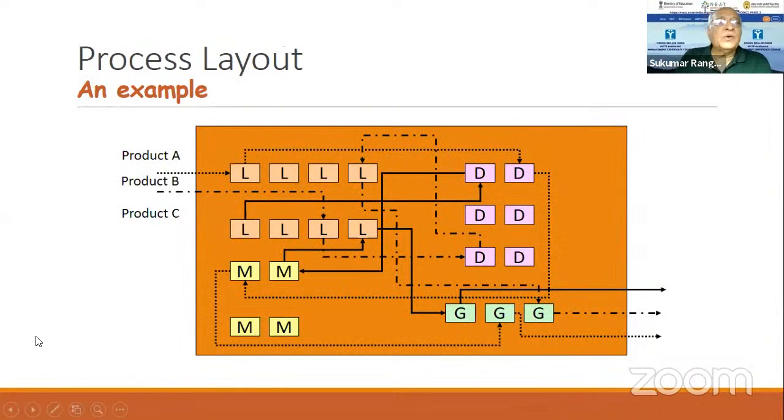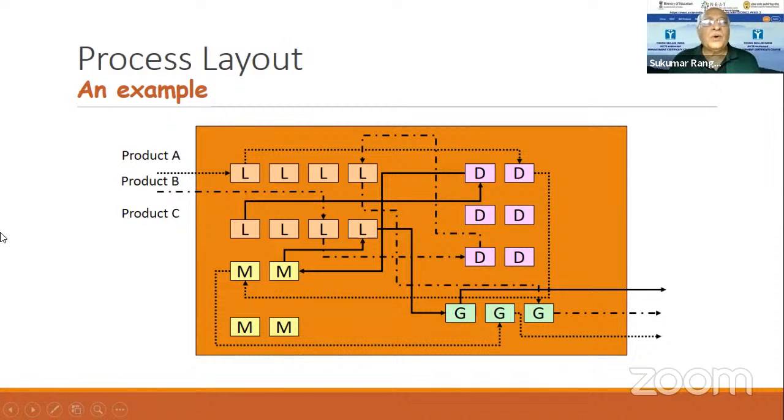In a process layout, this is a typical diagram. Product A, L could be lathe, D drill, grinder, milling. They've just put the names, but being an engineer, I'll put L as a lathe, D for a drill machine, G for a grinder, and M for a milling machine.